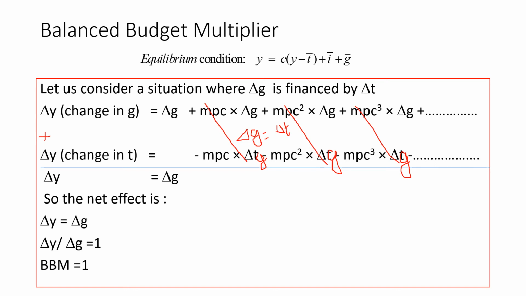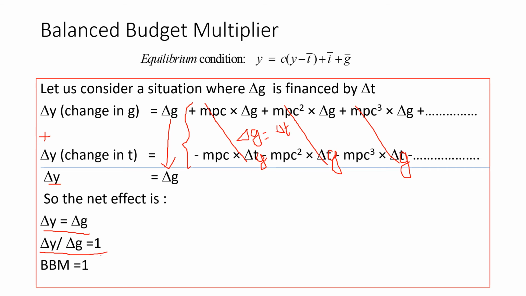Then what is the remaining effect? Delta Y is equal to, the only effect that remains is this one. Everything else, all the induced effects, they are cancelling out. So the net effect is delta Y is equal to delta G. Or if you want to find the BBM, just write it this way: delta Y by delta G is equal to 1.